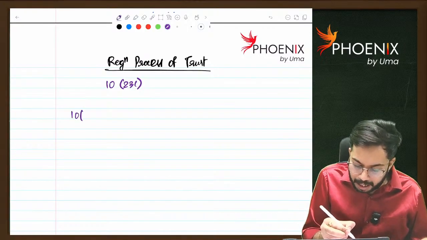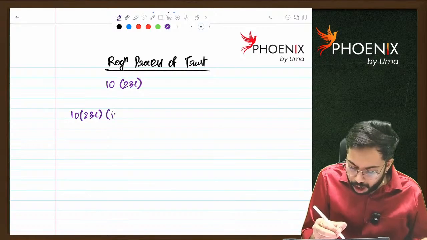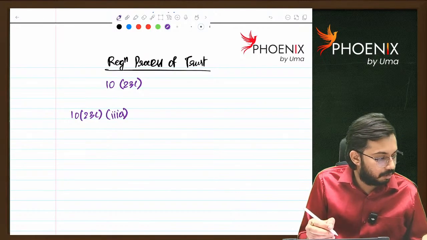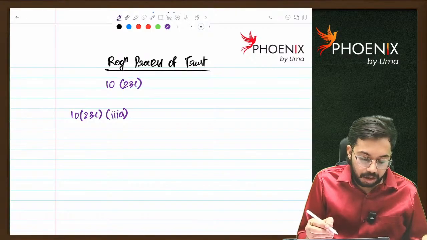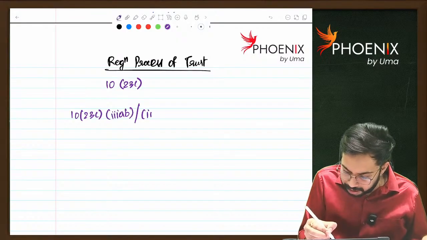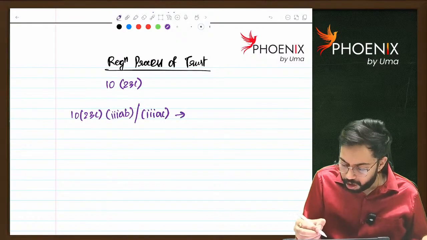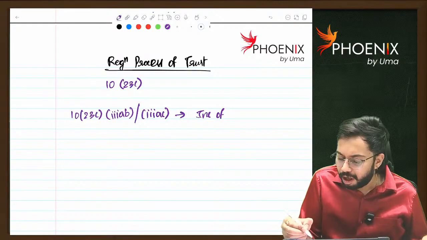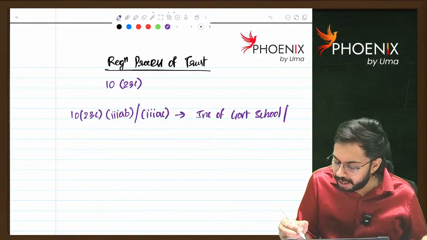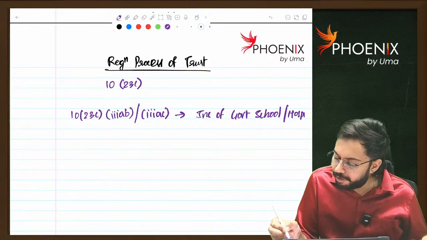As per 10(23C), clause 3A, clause 3AB or clause 3AC, whatever the income of a government hospital or government school is, that is fully exempt.